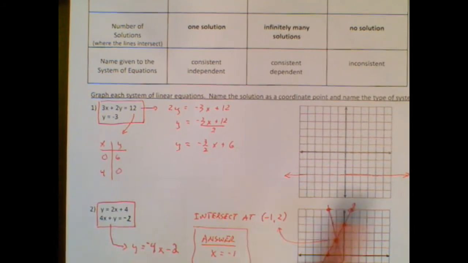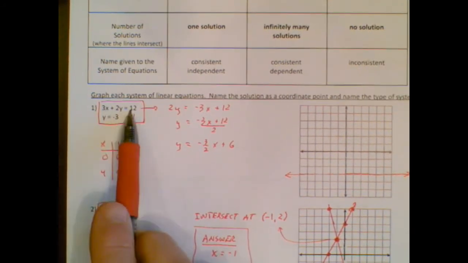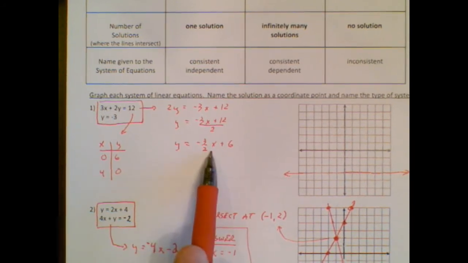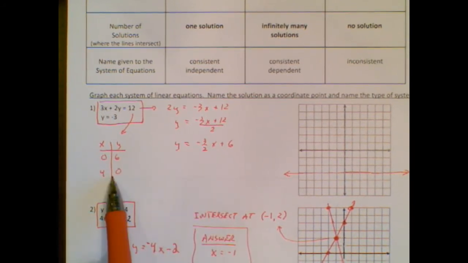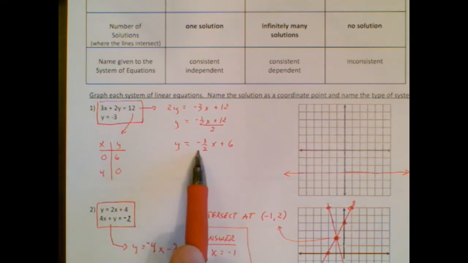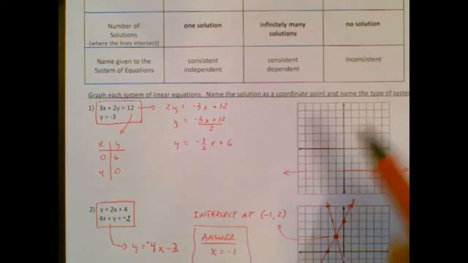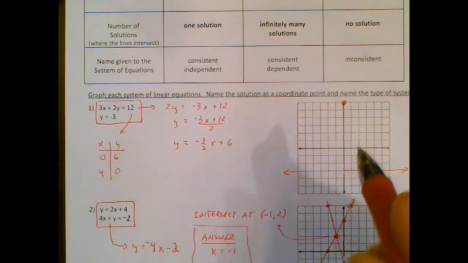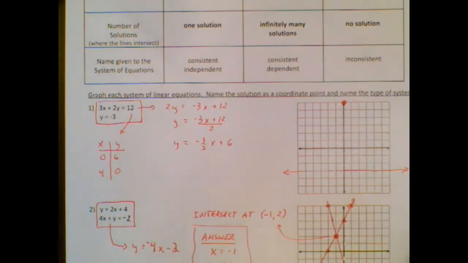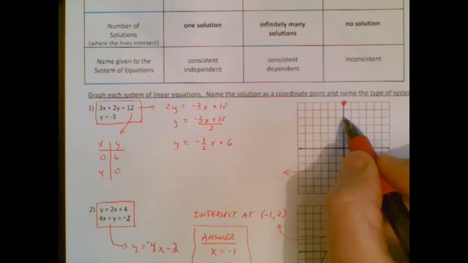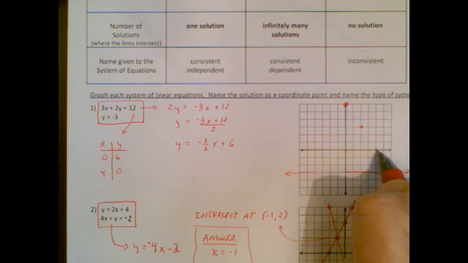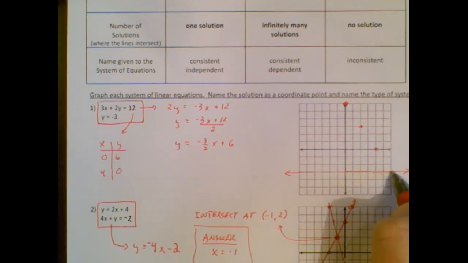This line's already graphed. This line I could convert into y equals mx plus b and graph it, or I could do the intercepts. So for the y equals mx plus b, I'm going to go on with this. My y-intercept is 6. My slope is -3/2, which means the line is heading downhill. And I can say -3, +2, -3, +2, -3, +2.